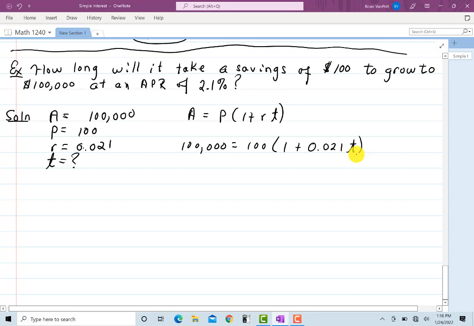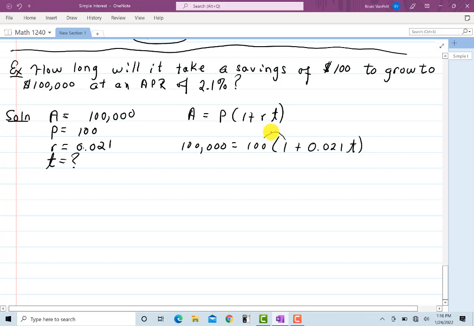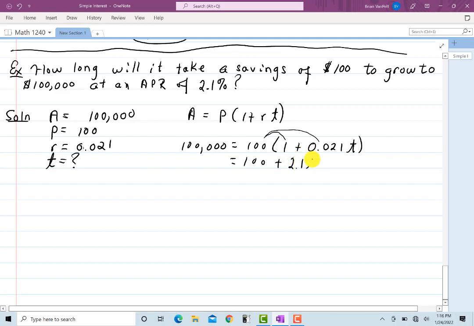When you're solving problems like this, you probably remember that you want to do something called the distributive property and multiply the 100 through. So I'll have 100 plus. Now, when I multiply the 100 times the 0.021, that decimal place moves to the right 2 places, so that will give me 2.1 t.